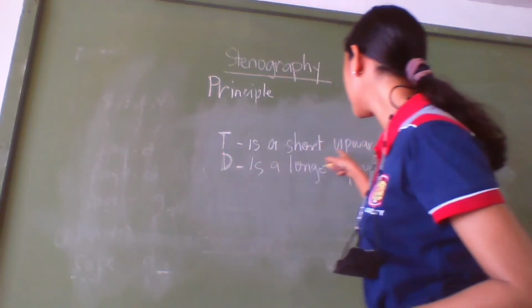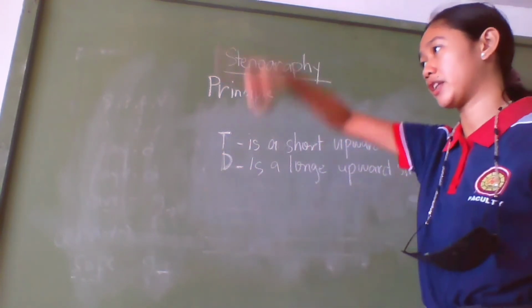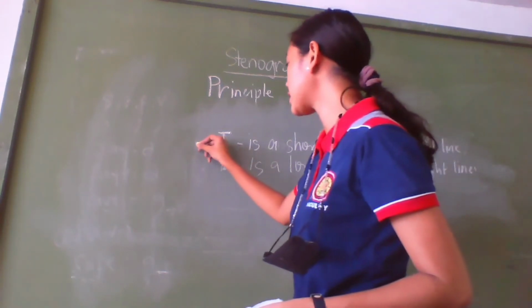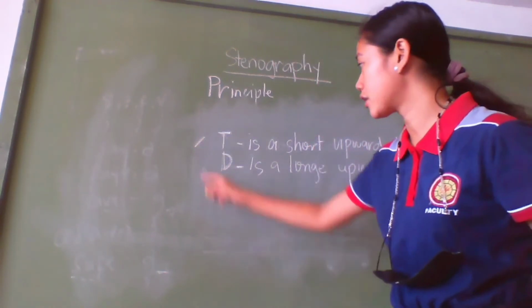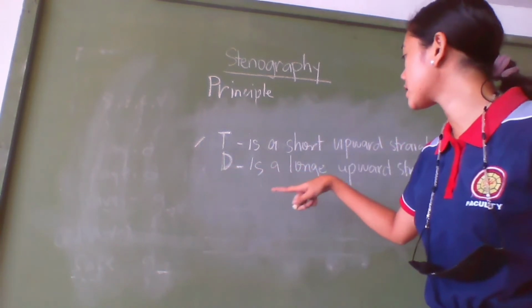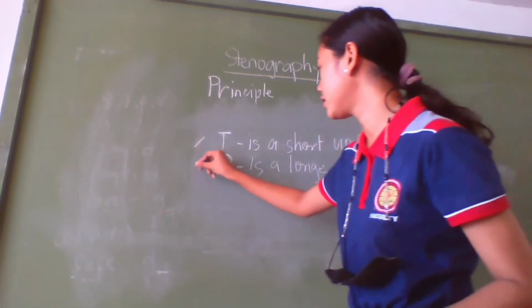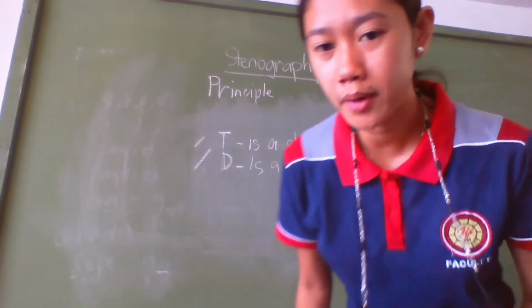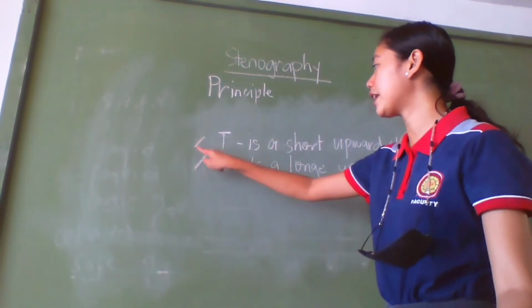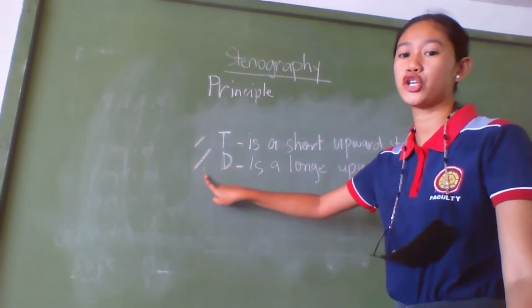What we use is not literally upward, so we put a slight slant for letter T. And D is a longer upward straight line. Okay, can you see? So this is T, and this is letter D.